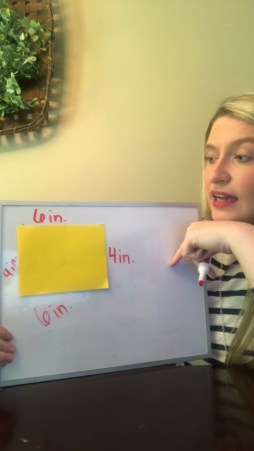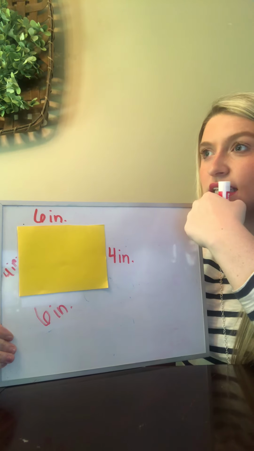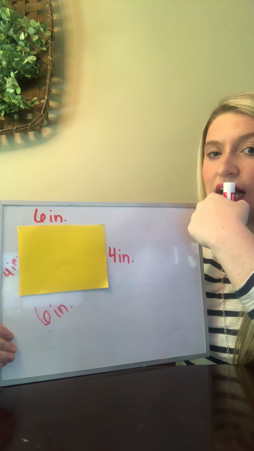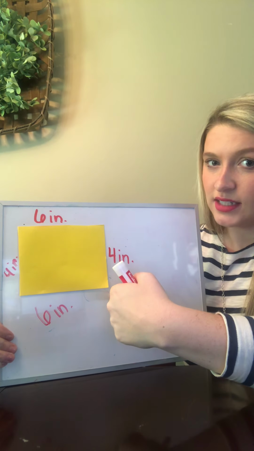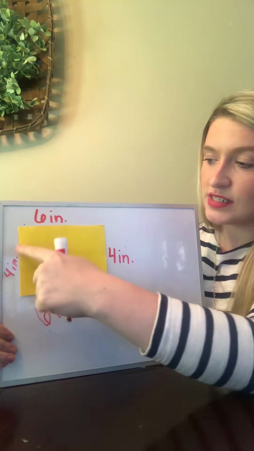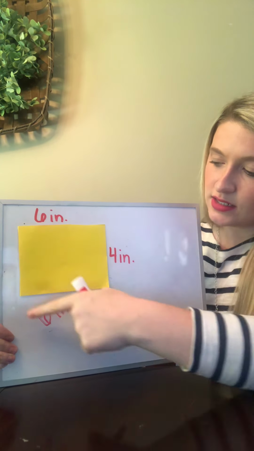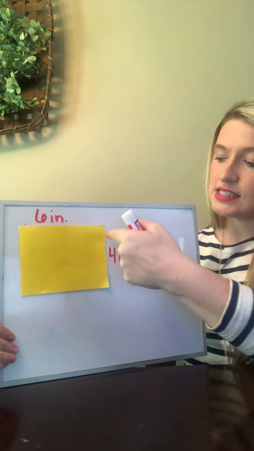So in order to find my area, I have to multiply my length times my width. L times W. I'm not going to multiply all these numbers because I only need the two that I started with. 6 times 4.